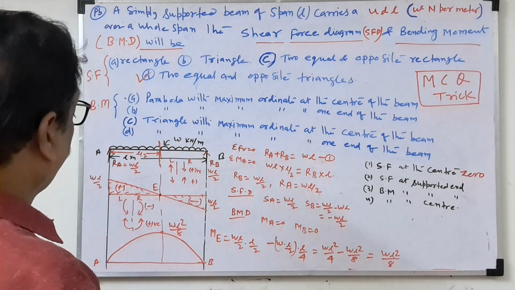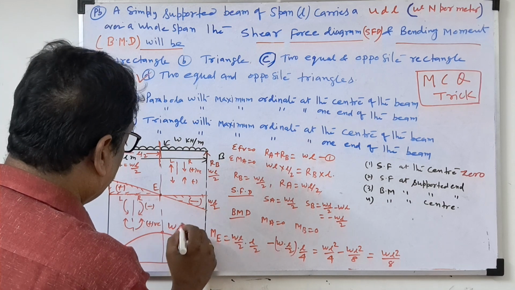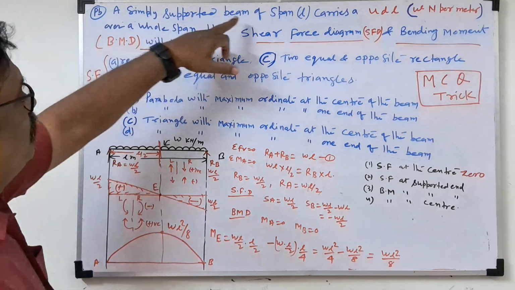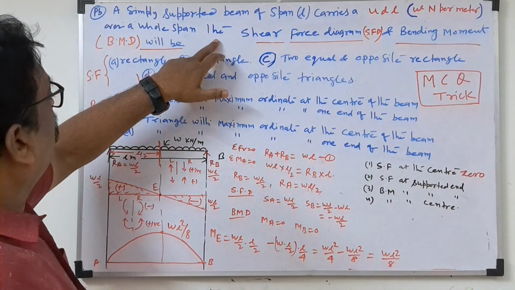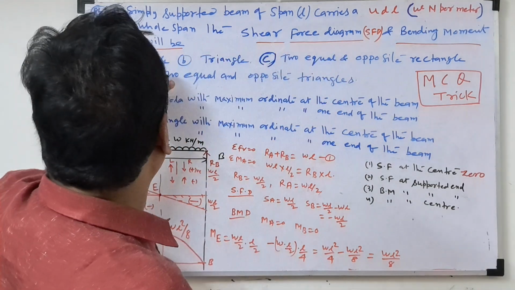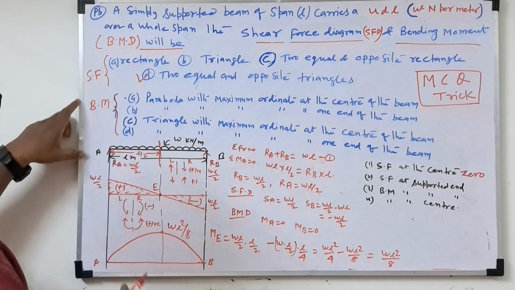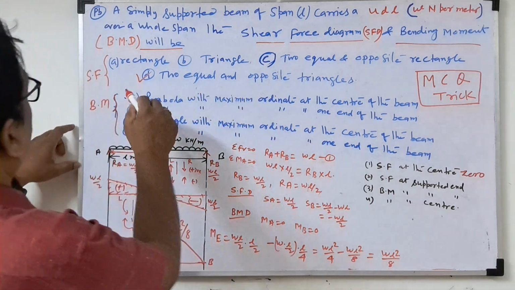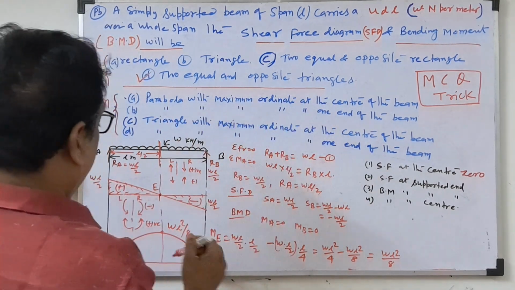Now look here. What is the question they're asking? Nicely, WL square by 8. Now the question asks: if a simply supported beam of span L carries a UDL over the whole span, the bending moment diagram will be, and the choices come here. What choice will they give?